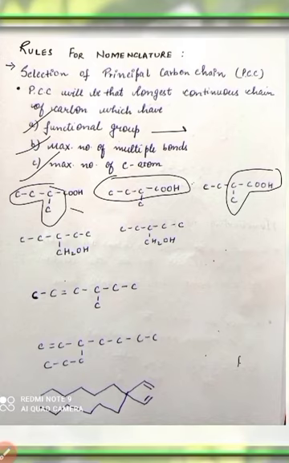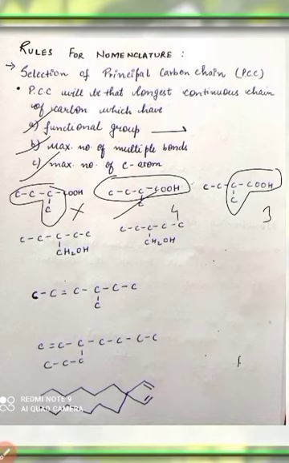So this one is eliminated. From these two, both have the functional group, and there are no multiple bonds. So lastly, we will look at which chain has the maximum number of carbon atoms. So it has 4 and it has 3. So this is the correct parent carbon chain.